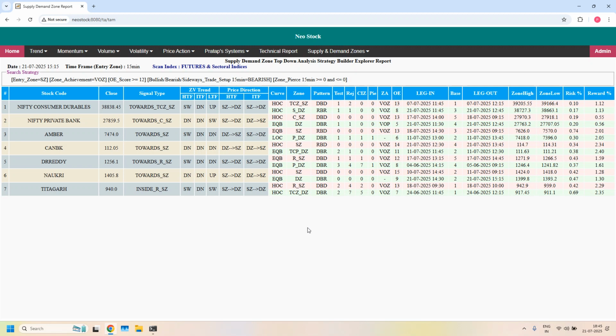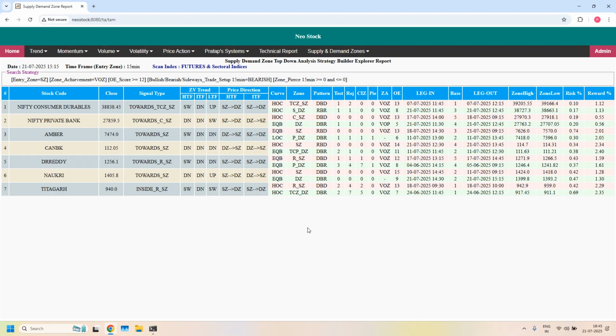Out of these 7 15-minute supply zones, some of these supply zones might be having more high probability to get success. Let us filter them based on different zone confluence and EMA confluence strategies. So first filter is LTF and ITF supply zone confluence, that is 15 minutes and 75 minutes supply zone confluence.